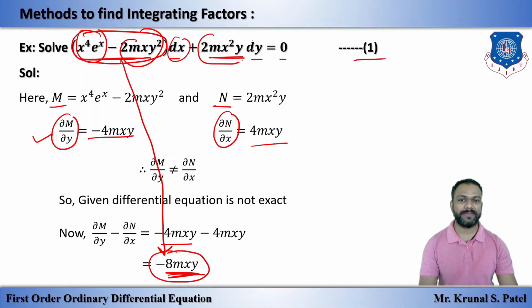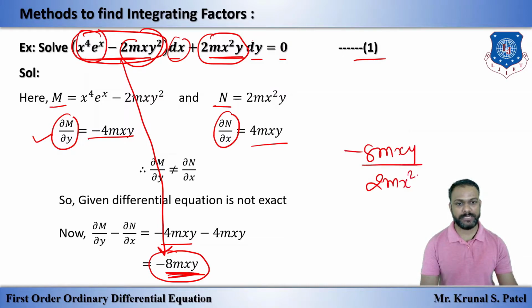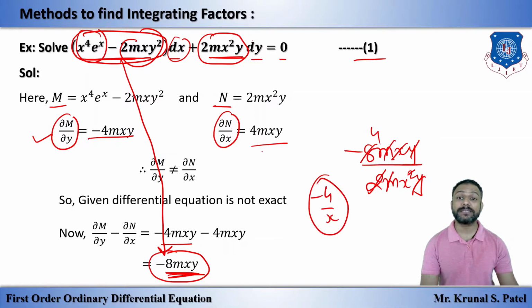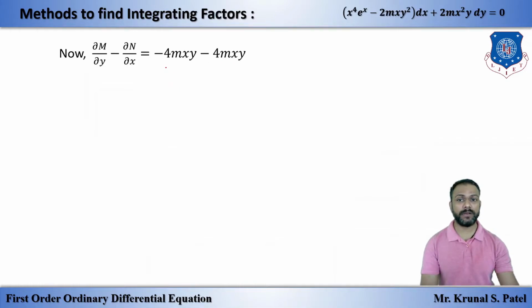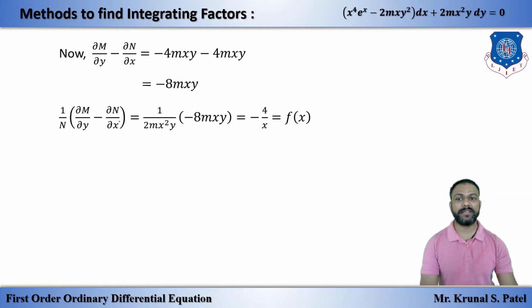So we will try with this N. If we divide this with N, then y cancels out, x cancels out once, and this is our 4. So we have minus 4 by x, and this is a function of x. As we told, this is our N, and if we divide by N and we have a function of x only, it is good, it is method number 3. Okay, so we have this, and we will multiply this by 1 by N.